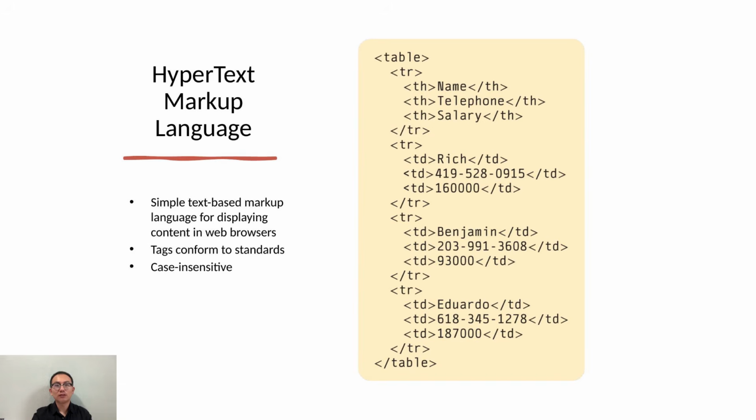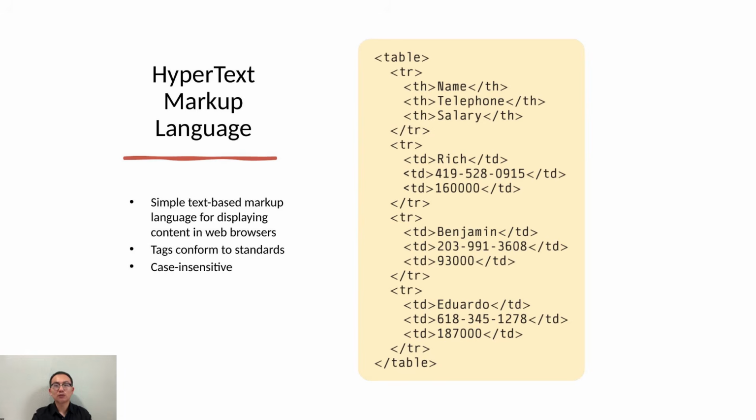One important difference from XML is that HTML uses standardized tags, which are set by groups like the World Wide Web Consortium. That means users can't just make up their own tags in HTML like they can in XML. Web browsers, such as Google Chrome or Safari, are built to understand these HTML tags. For instance, the tag th is always read as a table heading.